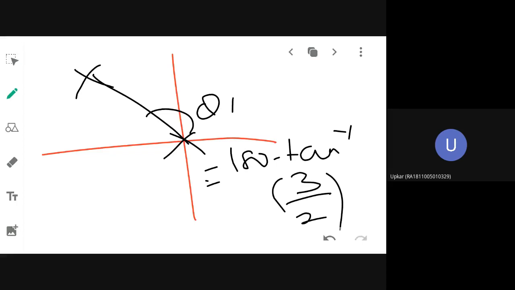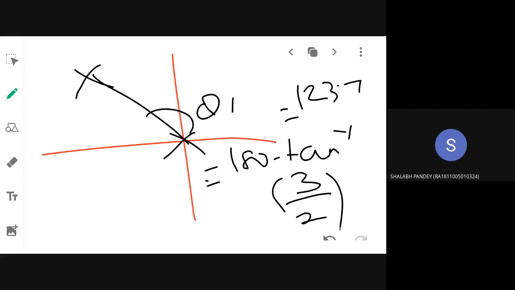What is the theta 1 value? You have a calculator now, everybody. 123.7. Yes, 123.69 degrees, that is correct. So theta 1 is 123.7.